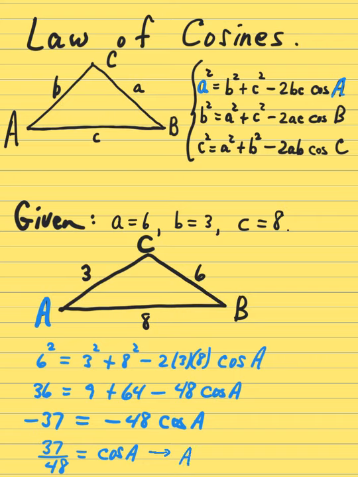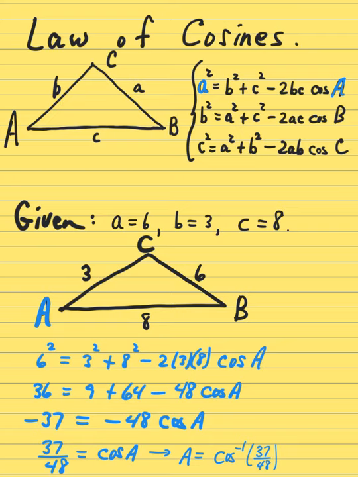to get A, we do cosine inverse of that fraction. Cosine inverse of 37 over 48. And again, make sure you're in degree mode. Second cosine, in the parentheses, 37 divided by 48, and I get 39.